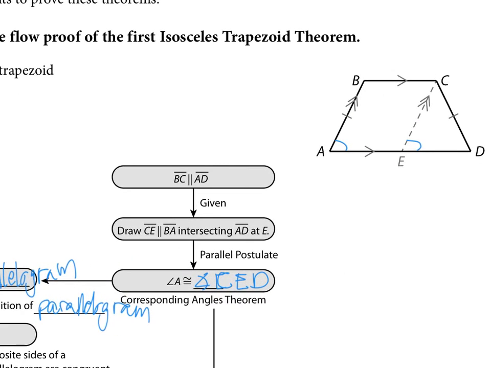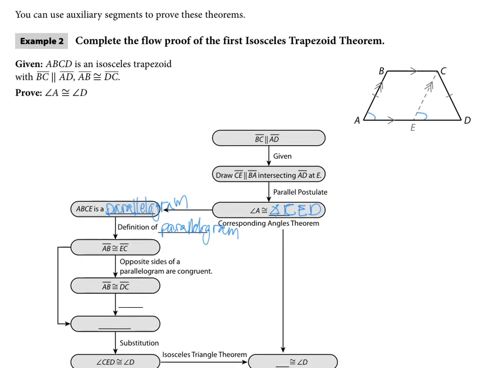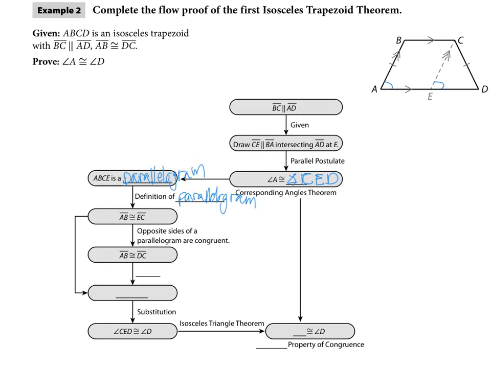Again, AB and EC are those sides that we force to be parallel, so we're going to mark them as parallel. We're also going to say that since AB is parallel, it's also congruent if it's a parallelogram. So there's AB is congruent to EC as well.